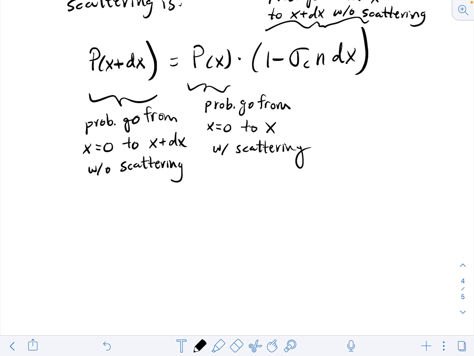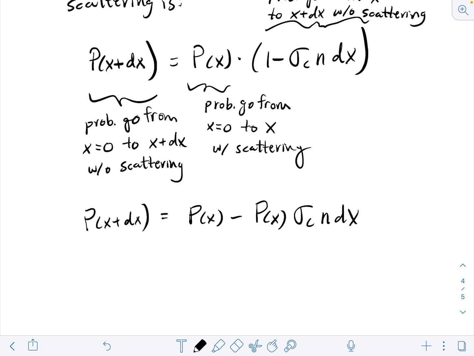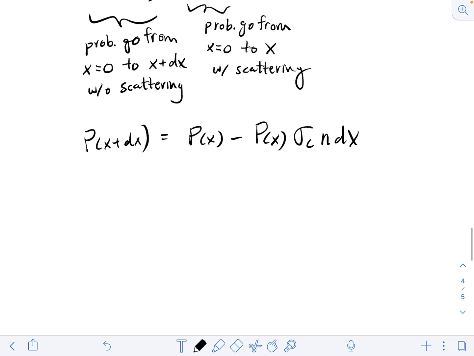so that's quite nice because we can do something with this. We could distribute the p of x, and then we could have p of x plus dx is equal to p of x minus p of x sigma c n dx. And then we could subtract off the isolated p of x and divide by dx.